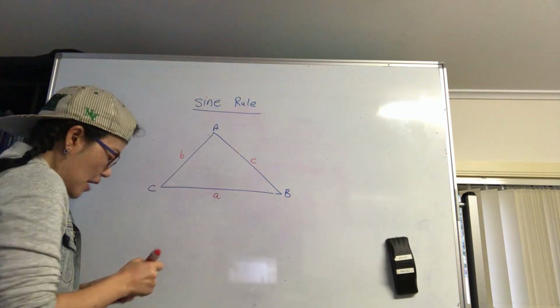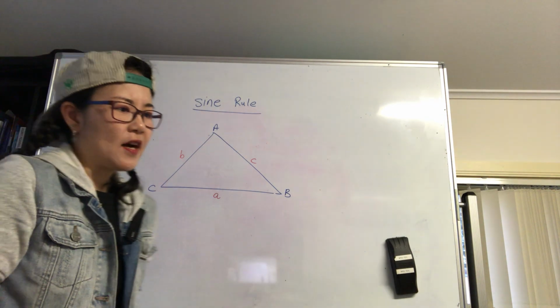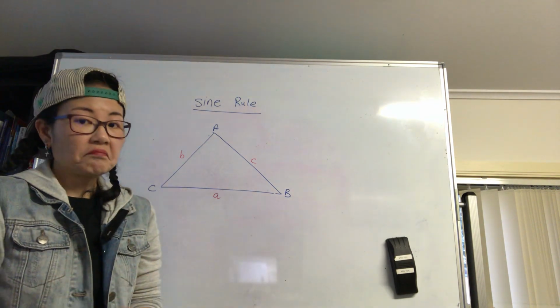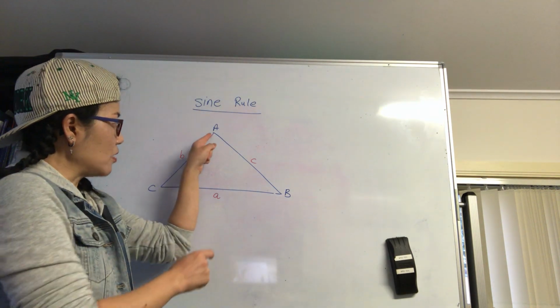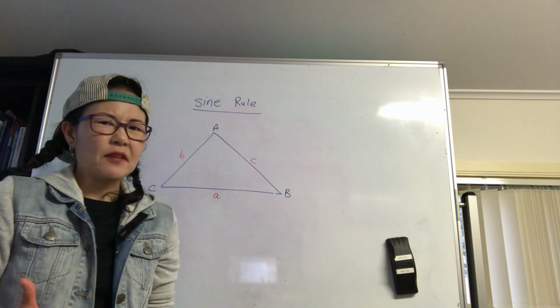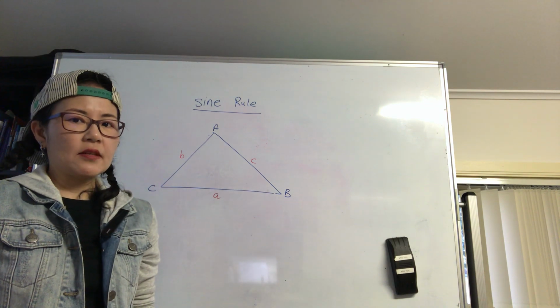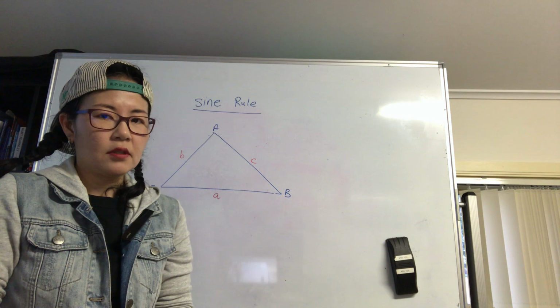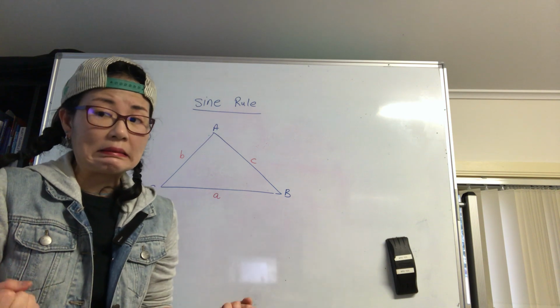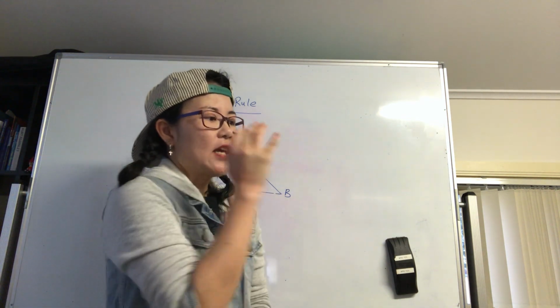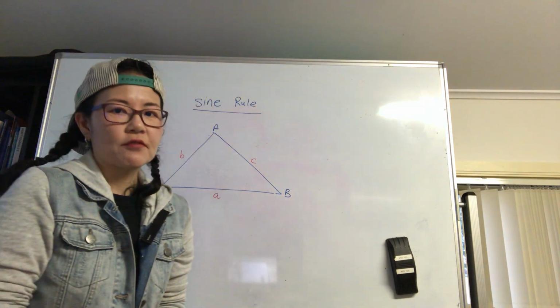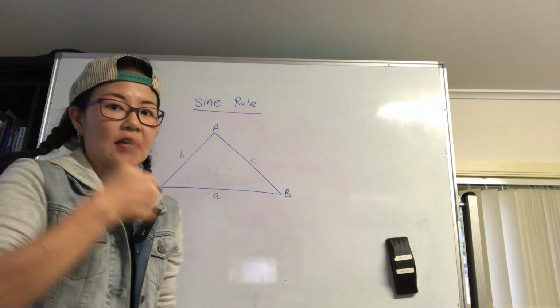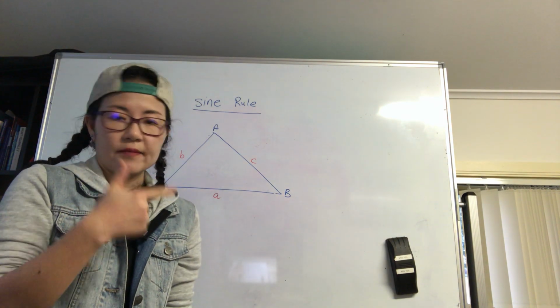Now, if we want to find a side, or even an angle, like angle A, angle B, angle C, how are we going to find it? We can't use SOHCAHTOA anymore because it's not a right-angled triangle. So here we go: sine rule and cosine rule. They help us find angles and sides.